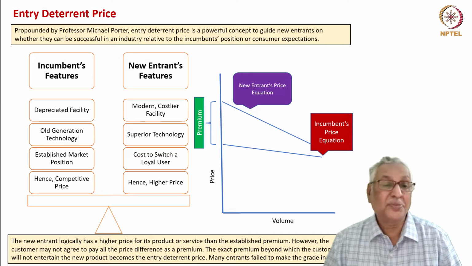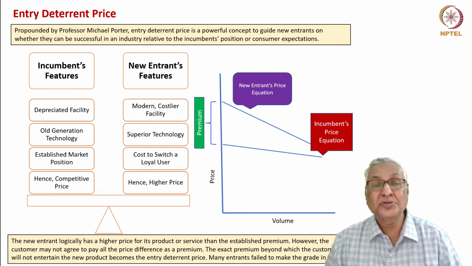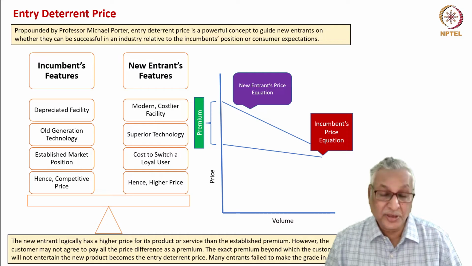The incumbent has a depreciated facility. He or she deploys old generation technology. The firm has an established market position and hence the incumbent is able to offer the products at a competitive price. What does new entrants features entail? The new entrants facility is likely to be modern and costlier.